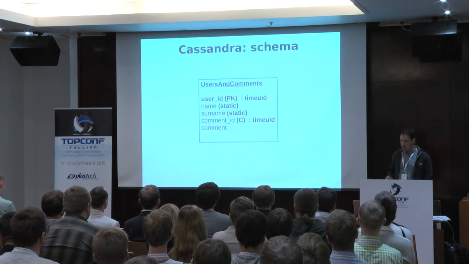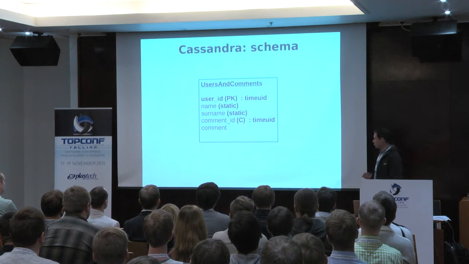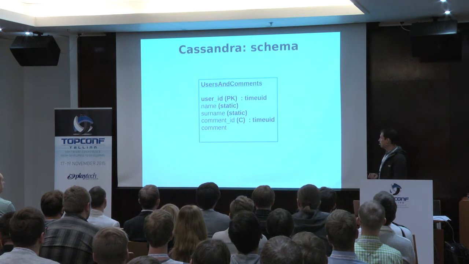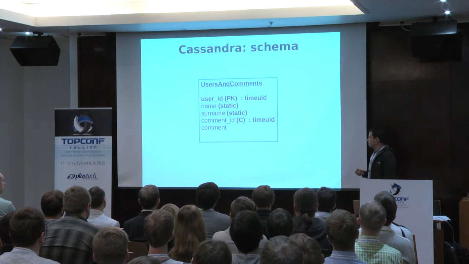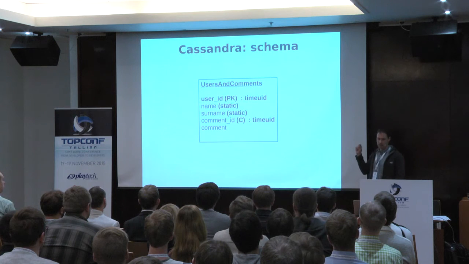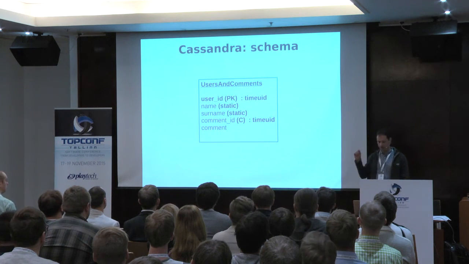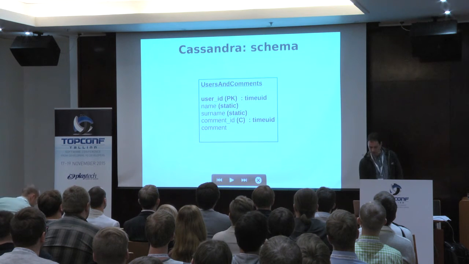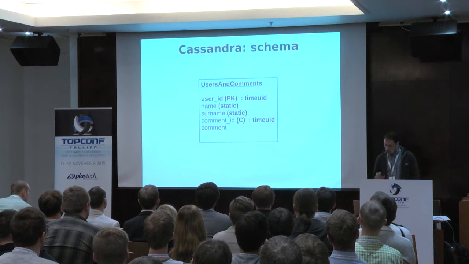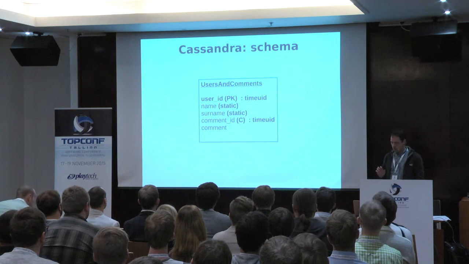In case of Cassandra, everything is somehow different. Cassandra's approach is to use one table for storing this data. So in this case, we have a users and comments table.